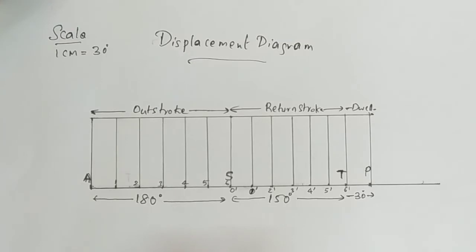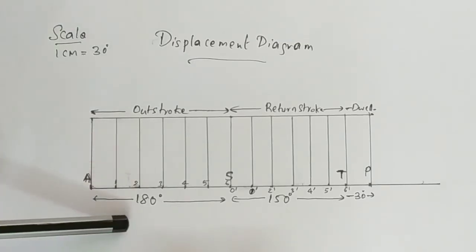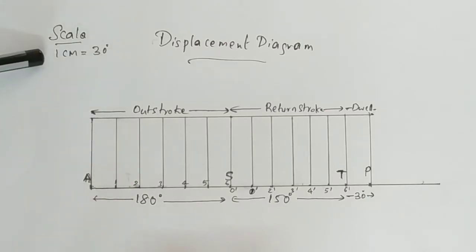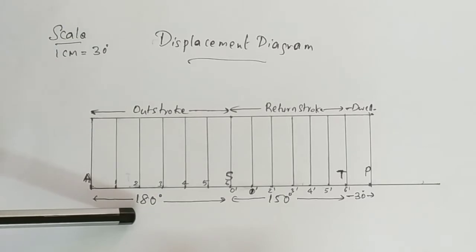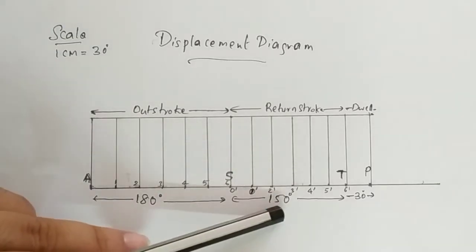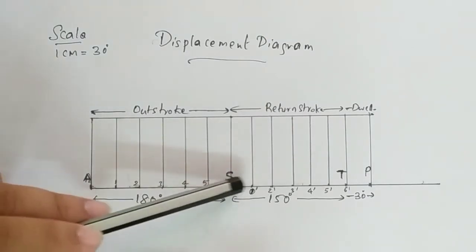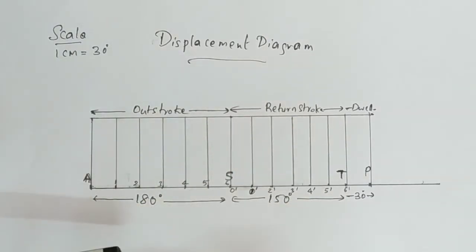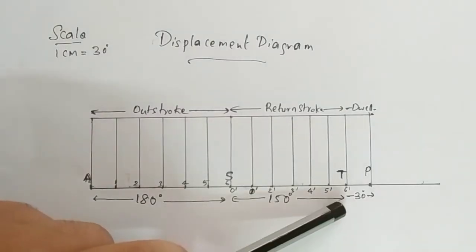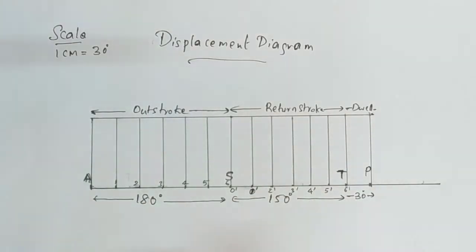If you divide every angle by 30, you get 6, 5 and 1. So I'm taking the scale 1 centimeter is equal to 30 degree. That means if you divide 180 by 30, you will get 6, and 150 divided by 30 you will get 5. So 6 centimeter you can draw the outward stroke, 5 centimeter you can draw the return stroke, and 30 divided by 30 is 1, so 1 centimeter for the dwell.